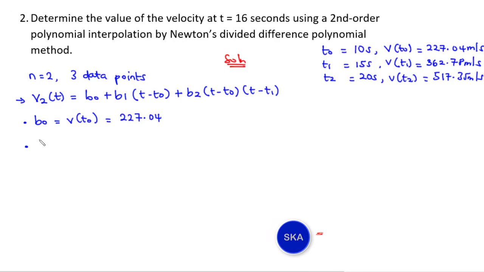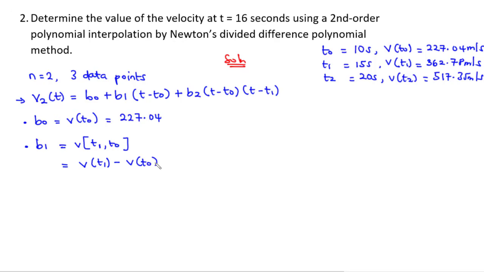Now let's move on to b1. So b1 is said to be v of t1, t0 in a square bracket, and from the previous section you realize that this is equal to v of t1 minus v of t0, all divided by t1 minus t0.